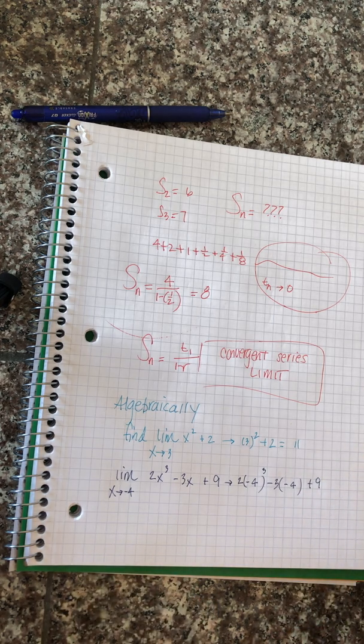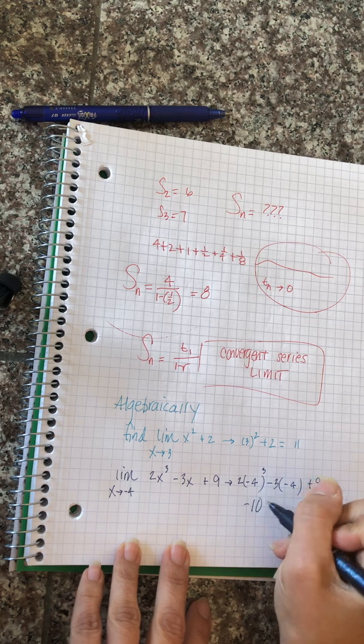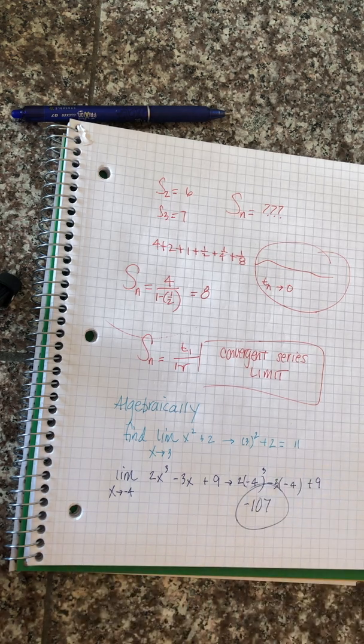All right, give me a second here. I've got my handy dandy calculator. You should be doing this with me. -4 cubed times 2 plus 12 plus 9. I got -107. Hopefully that's right.